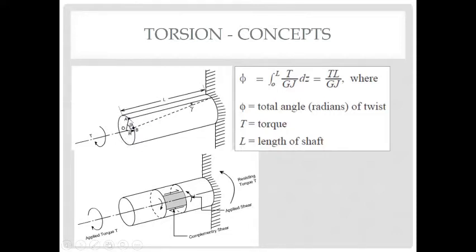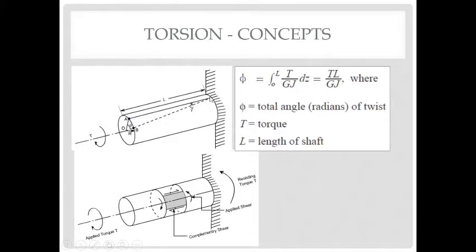And therefore point A was displaced to point B, and you have the angle on the cross-sectional area. So the angle that the cross-sectional area moved is phi, not theta. That should be phi, right? So that's the phi angle, that's the angle of twist.